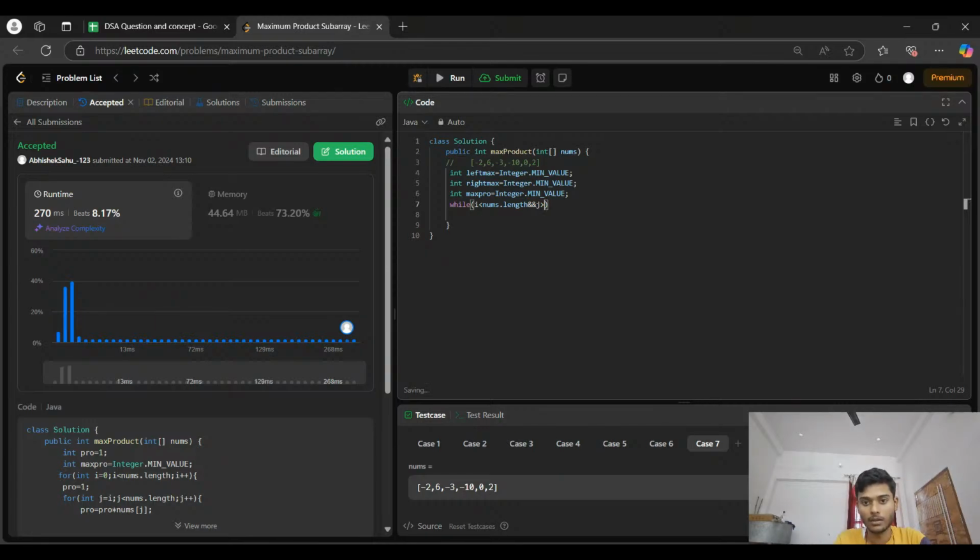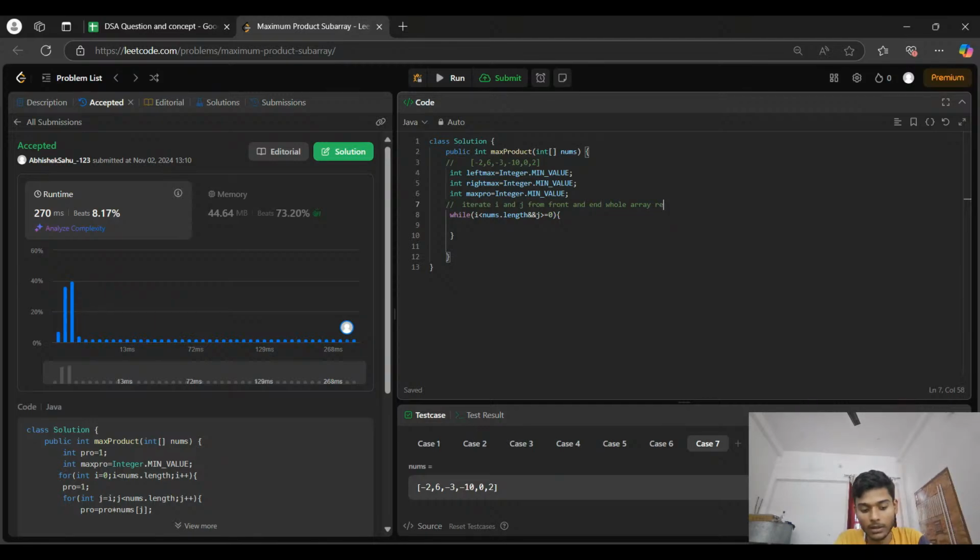We are using this because I want to iterate I and J, from the front and from the back of the array respectively.